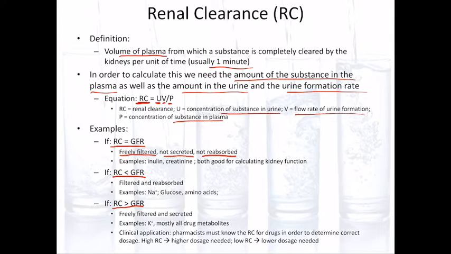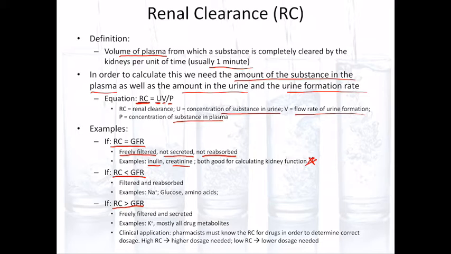We didn't add any more, and we didn't bring it back. So there's a few examples of this. Inulin, creatinine, both of these are good for calculating kidney function because these tell us what our GFR is. Okay, glomerular filtration rate is a very important number for detecting kidney function. So we can use these two substances to actually tell us what our GFR is, because we know they're freely filtered, not secreted, and not reabsorbed.